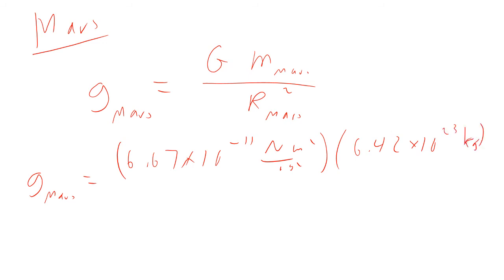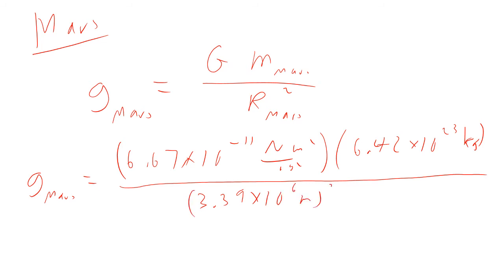Remember, in our previous lecture we got 6.43 because that last digit was the least significant figure, but really it's 6.42. Then we divide by the radius of Mars, 3.39 times 10 to the 6 meters, squared.